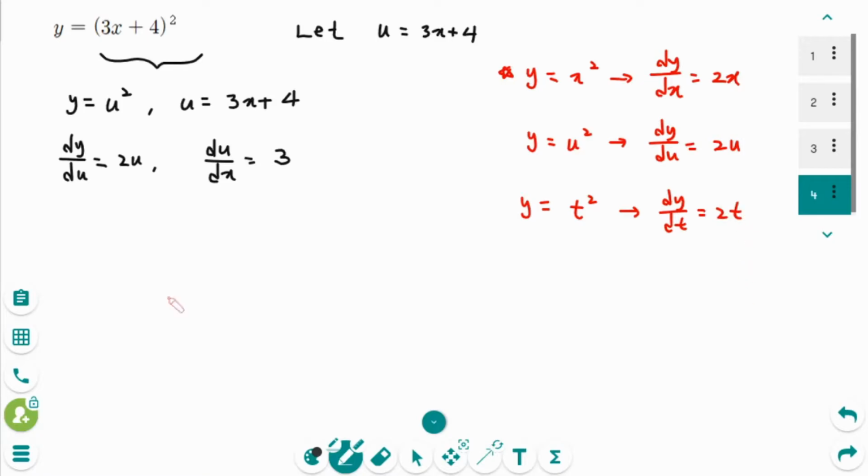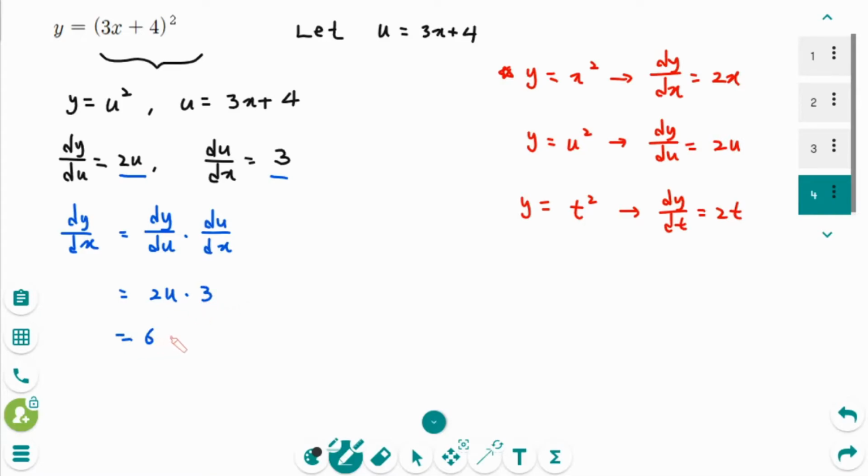Back to the original, dy/dx can be rewritten as dy/du times du/dx. Don't cancel du, we just made it. dy/du equals 2u times du/dx equals 3.